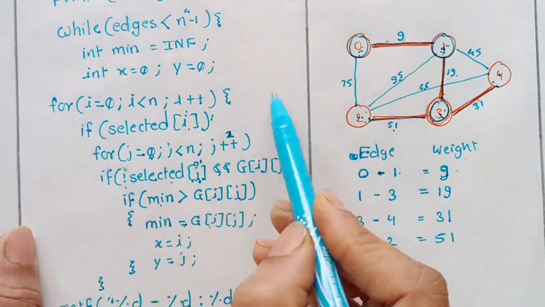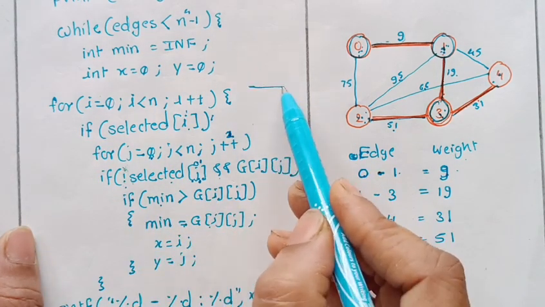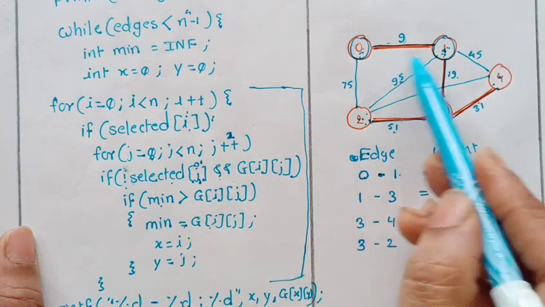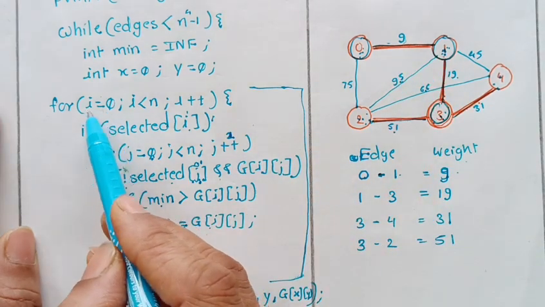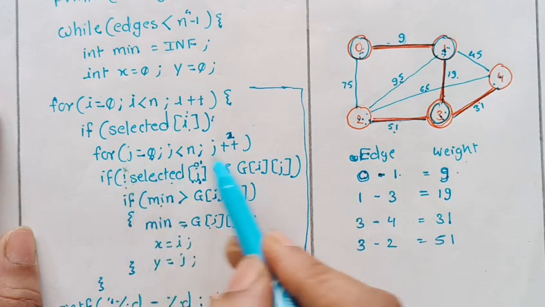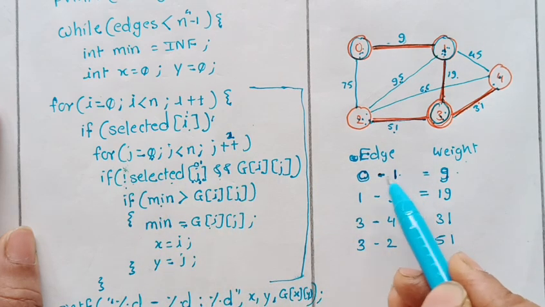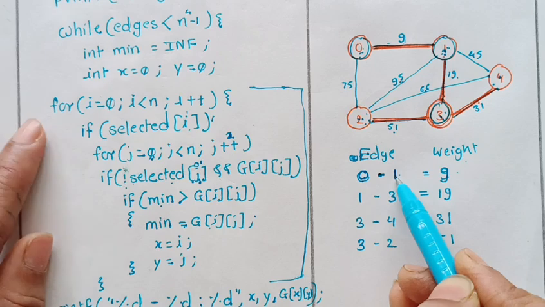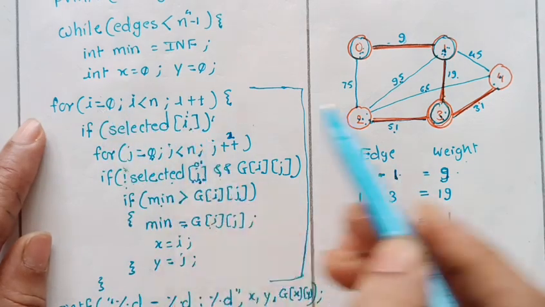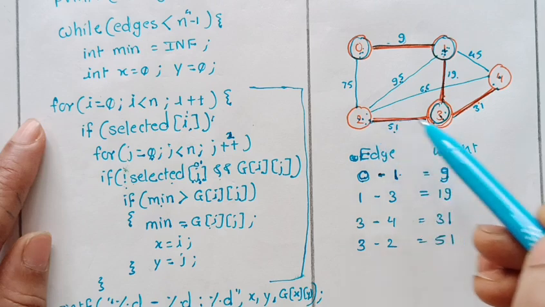So from these for loops we can find the minimum cost edge. For i we are choosing the from node, and in this for loop we choose the to node. If the i node is selected, then only from that node we select the j value.